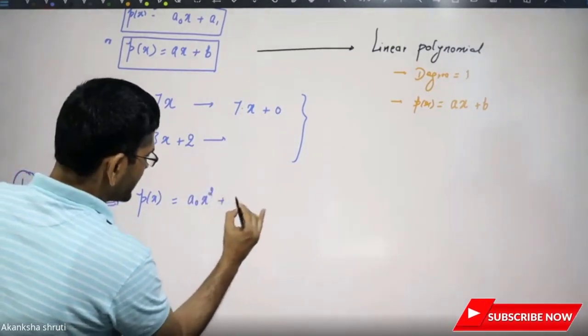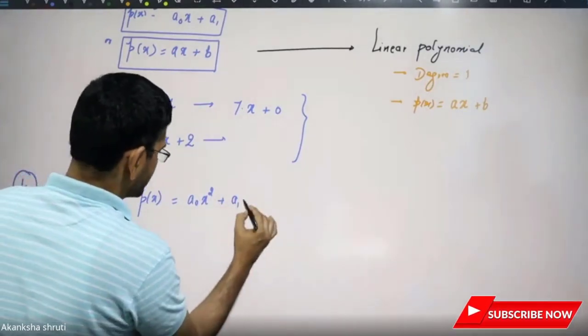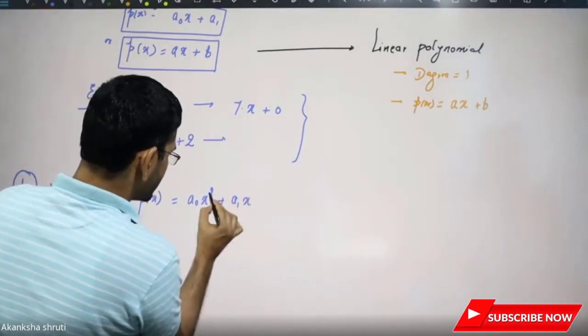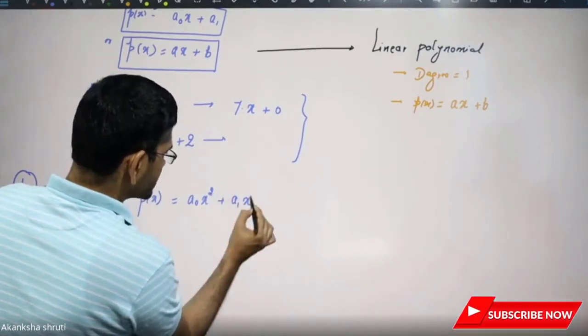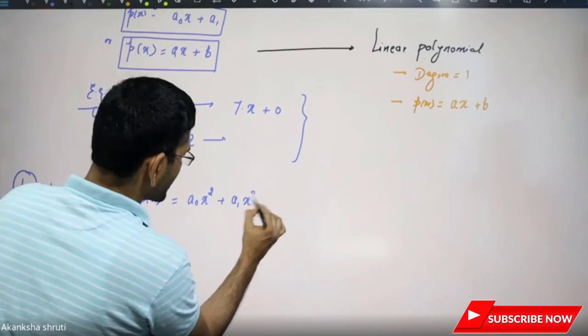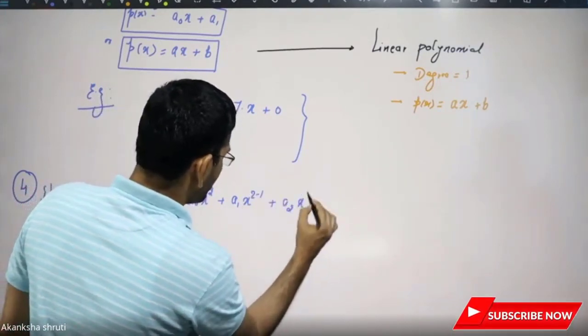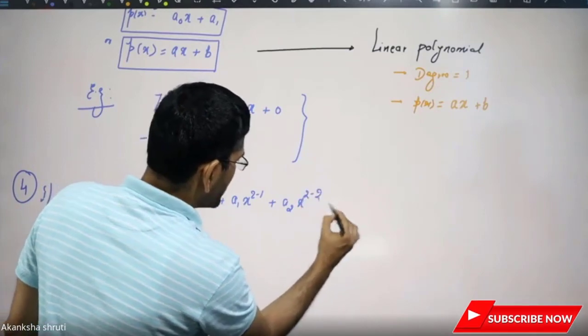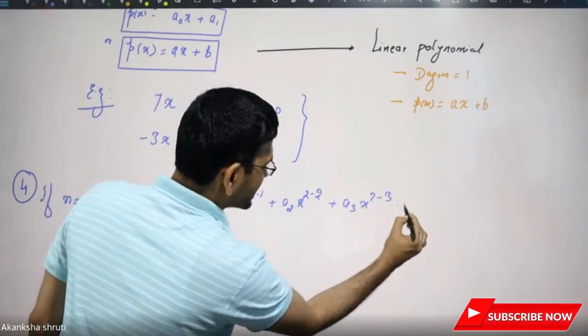The other term will have the coefficient of x increasing, let me write a1, then x to the power 2 minus 1, plus a2 x to the power 2 minus 2, plus a3 x to the power 2 minus 3, going on.